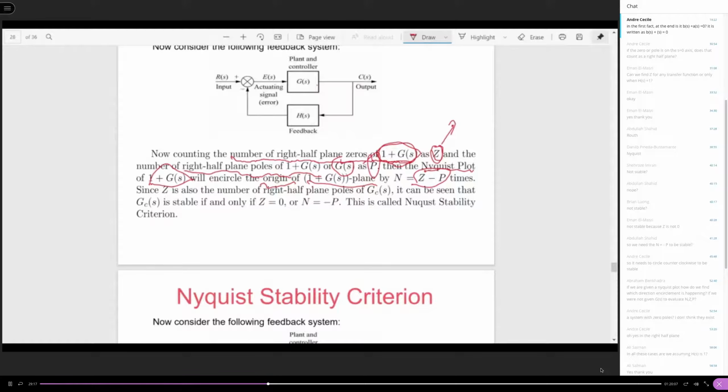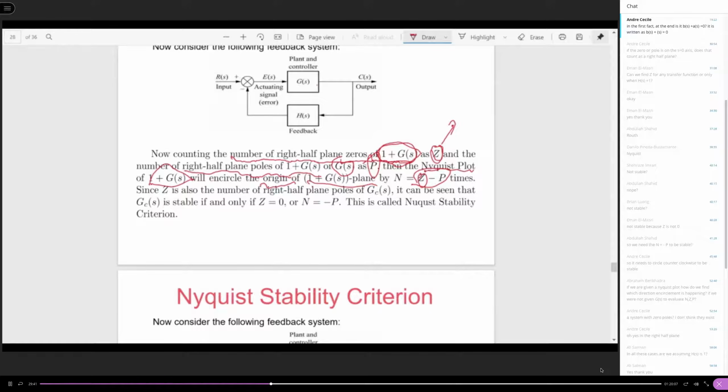You just simply apply the fact that we developed before to the transfer function 1 plus G(s), and then this conclusion holds.